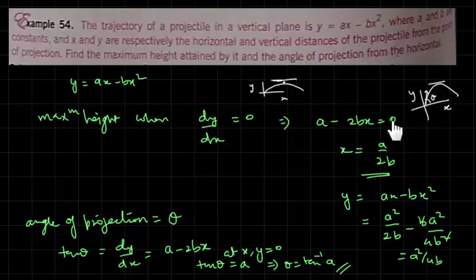At the highest point it is 0. At this point we will get the value of tan theta when we put x and y as 0. There is no term of y here, so only x we will put as 0, and we will get tan theta is equal to a, which will give us theta is equal to tan inverse a.